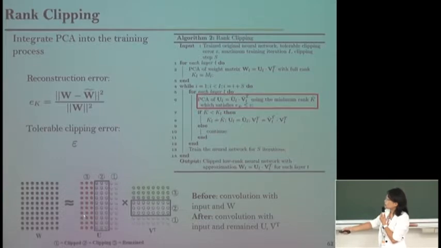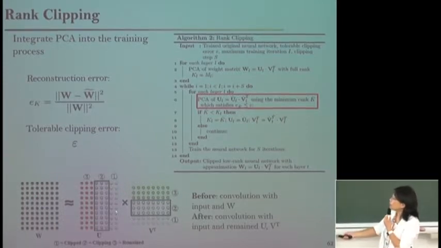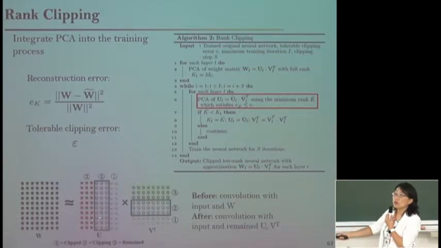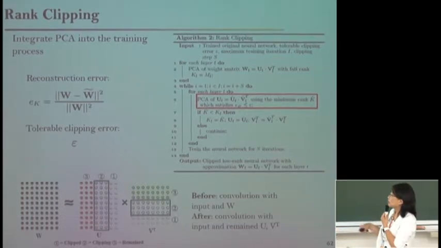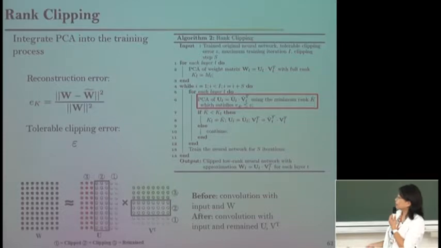Here is the original weight matrix in large size. We try to represent it with two arrays, U and V. During the training process, we tend to remove the weights in rows or columns by controlling the error function.